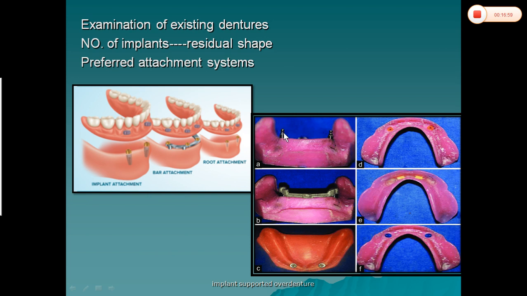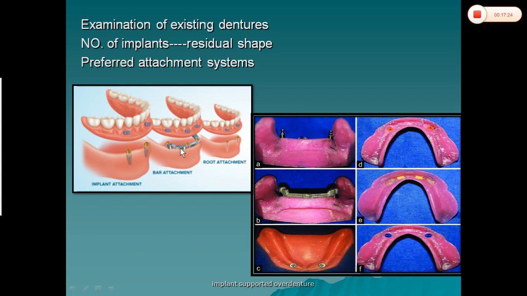And in case of ball attachment, the old existing denture can be converted or modified into overdenture. Whereas if you prefer bar type of attachment, it can be given when you place 2 implants or 3 to 4 implants.